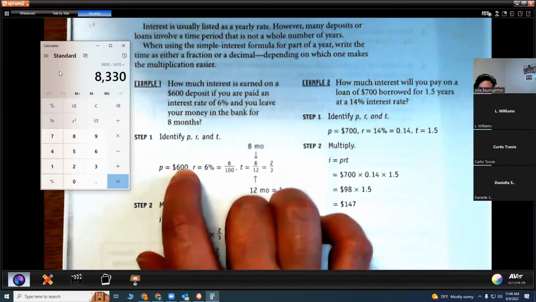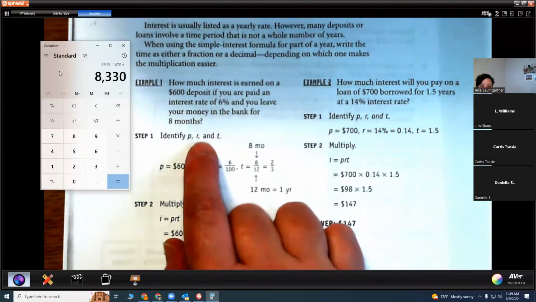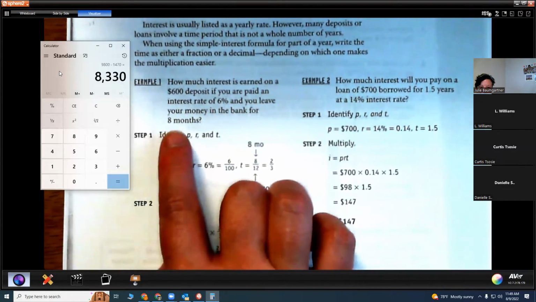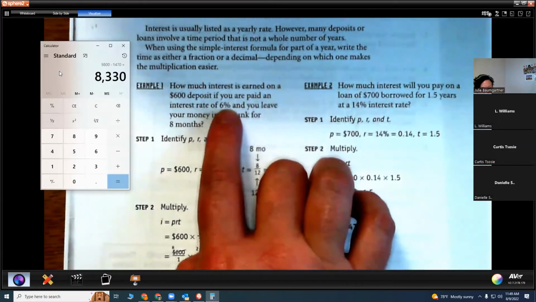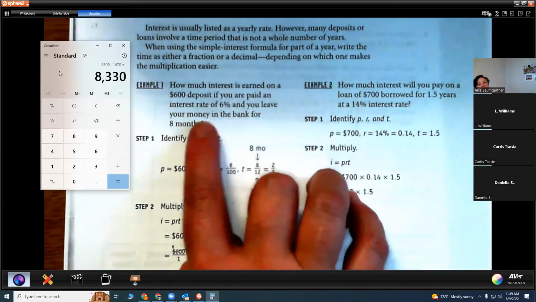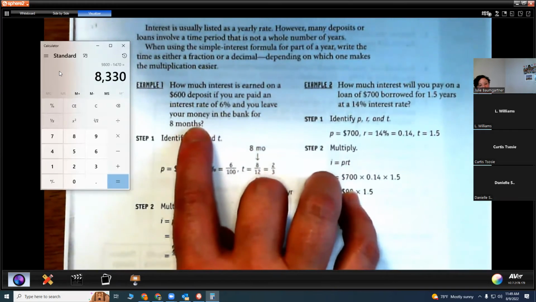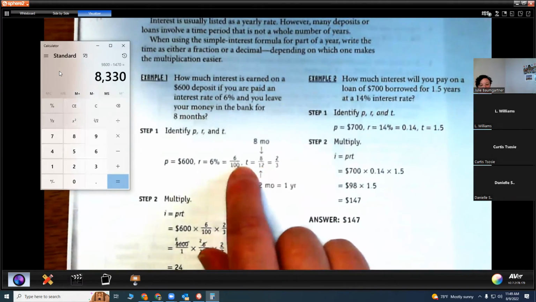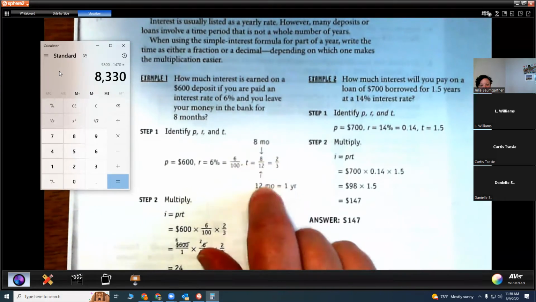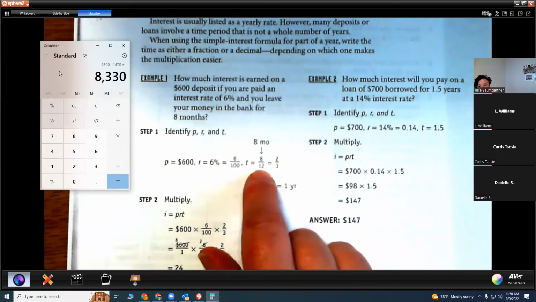So how much money did you start with? What is the rate? And then here it's telling us if this is a yearly interest rate, but we only want to know 8 months. Then we have to say that our time is 8 out of 12 months. Does everyone see how that works?